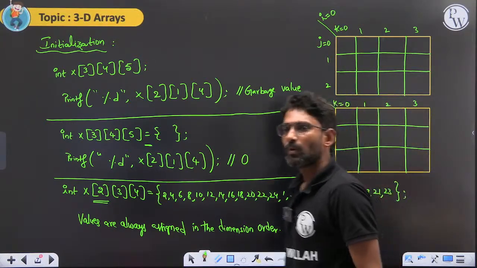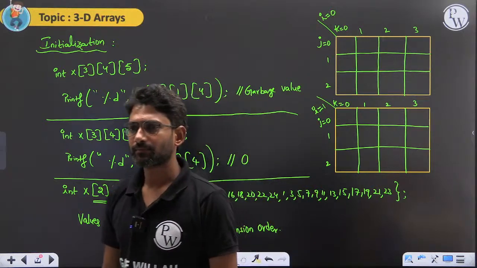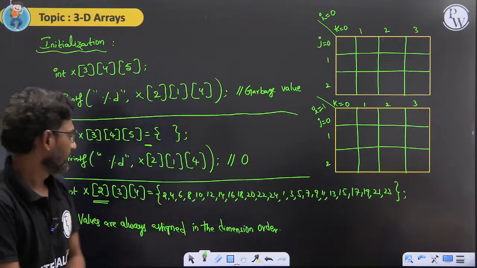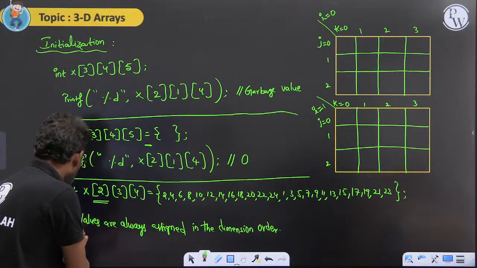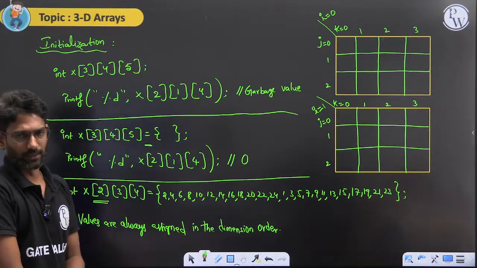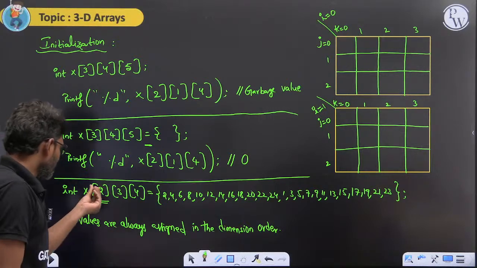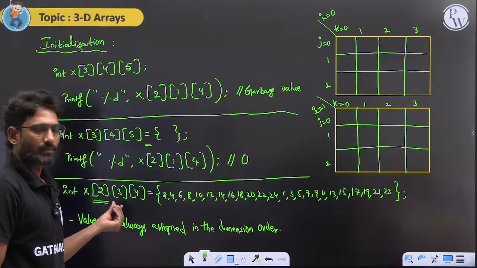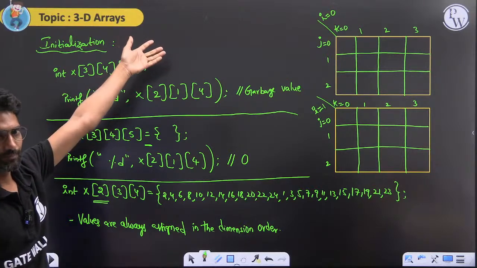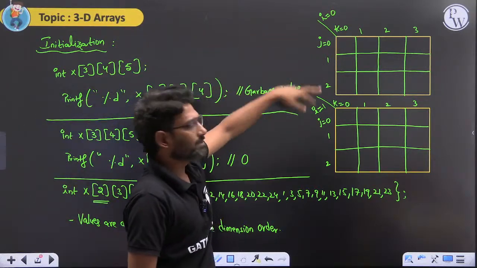What I am telling is, values are always assigned in the dimension order. That means first the I dimension, I0, I1.